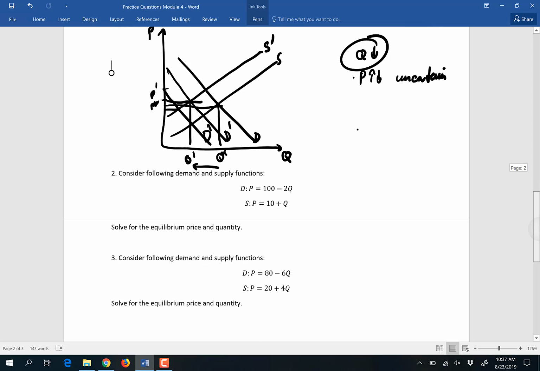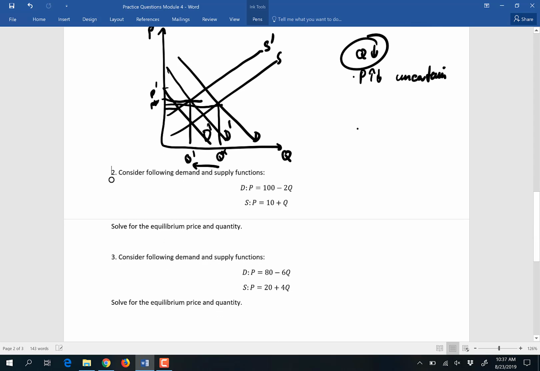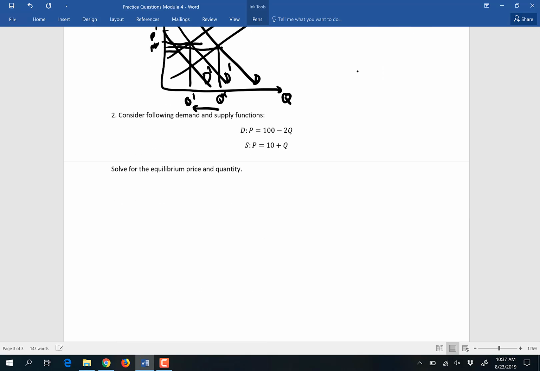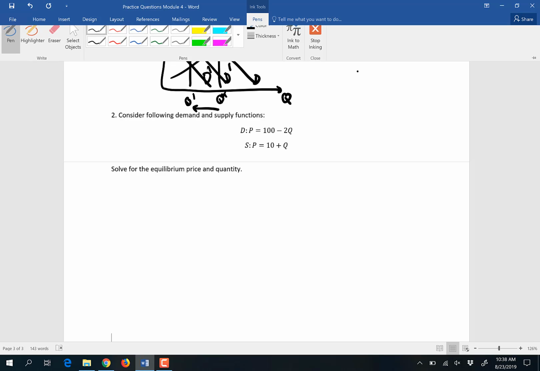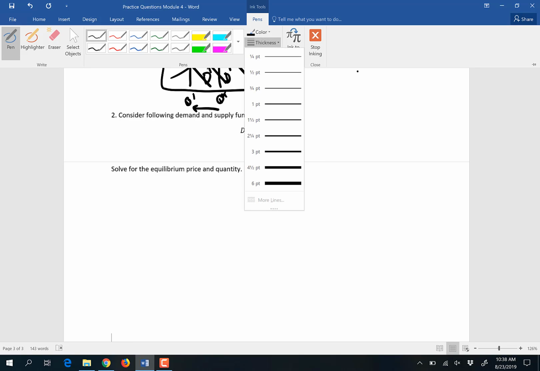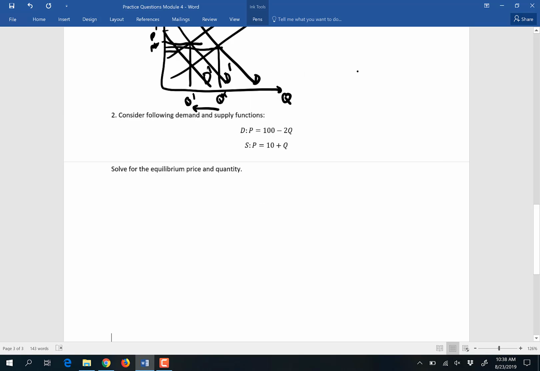Now, moving on to the math questions. Let me first draw a graph. And I'm going to choose a different thickness here. Okay. Price, quantity.